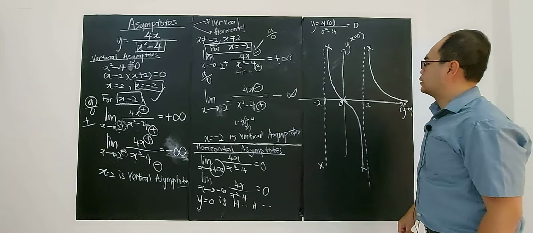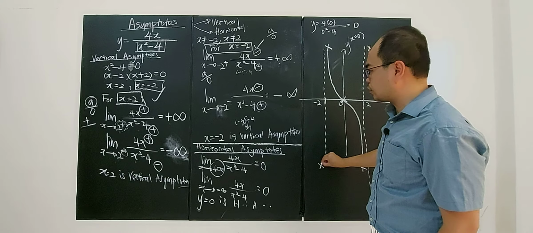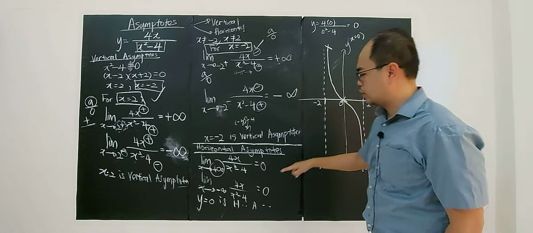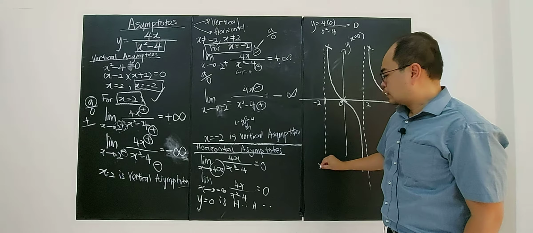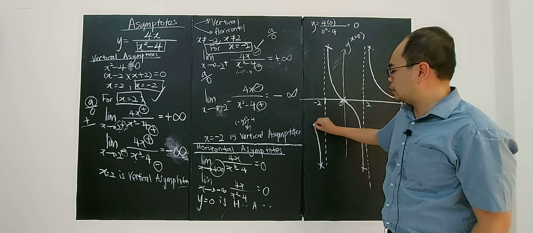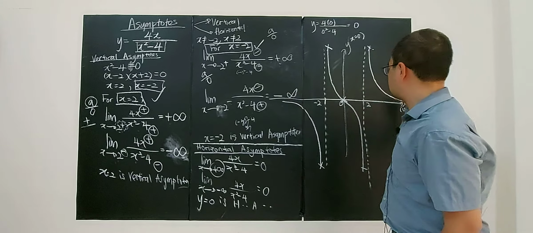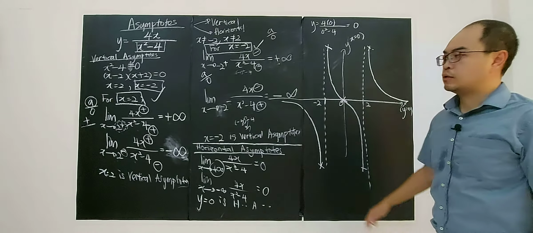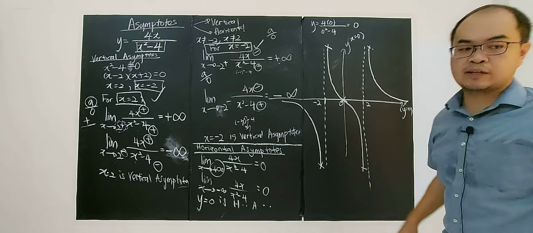So for this one, it will be going up, because it needs to approach the line y equals 0. As x goes to negative infinity, getting more negative, the graph will be near to the line y equals 0. So this is the graph for this function.